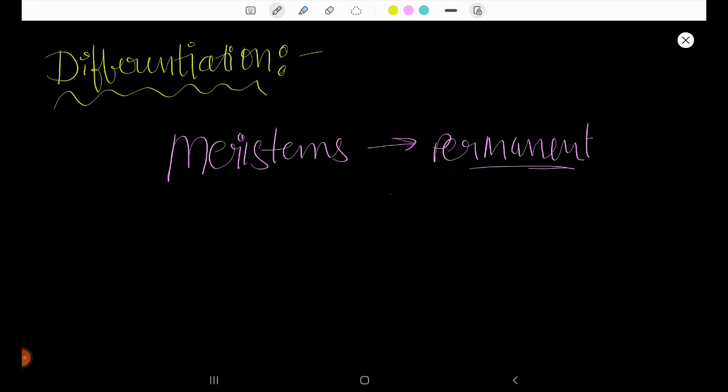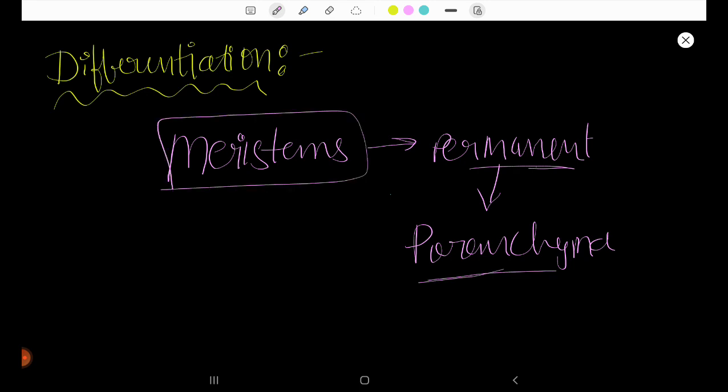What are permanent cells? You can say parenchyma, collenchyma, sclerenchyma. These all are permanent cells. Meristematic cells possess the ability of dividing.